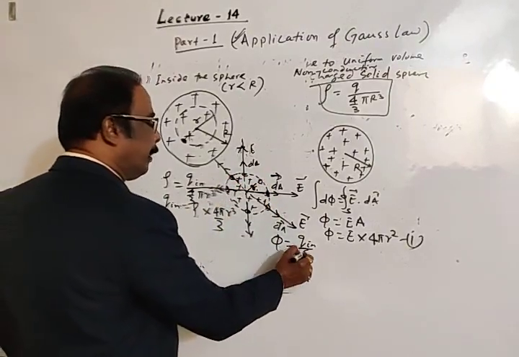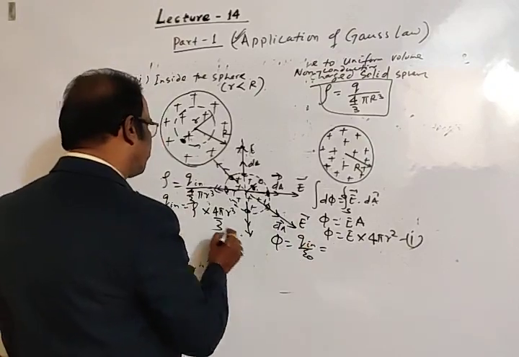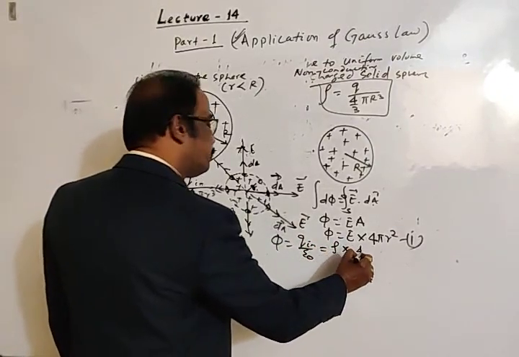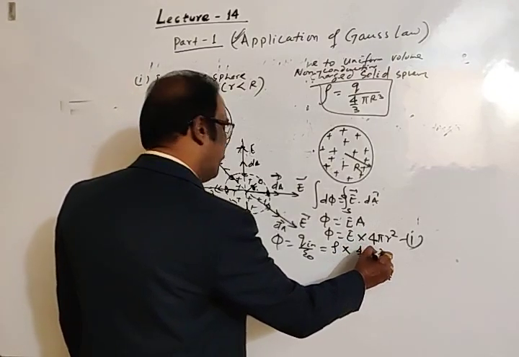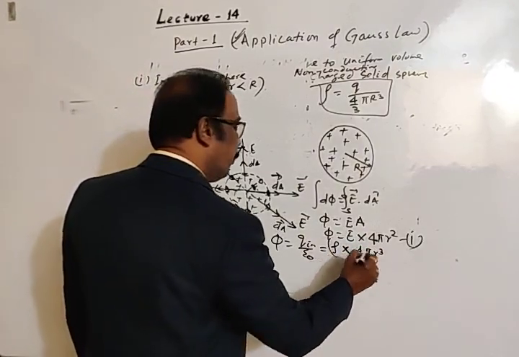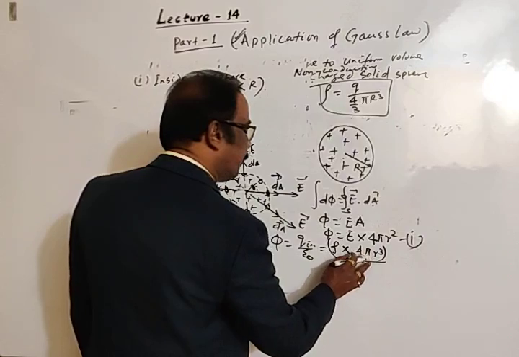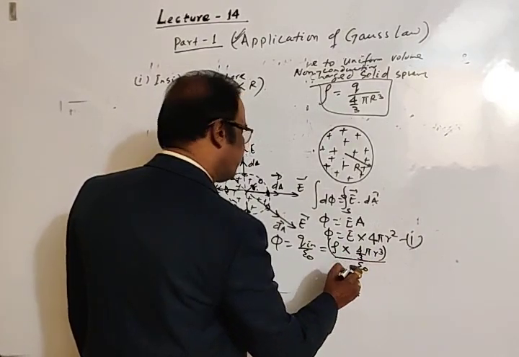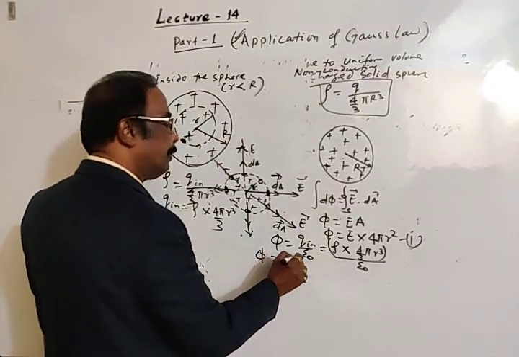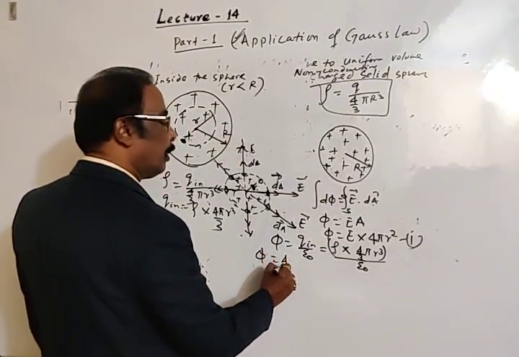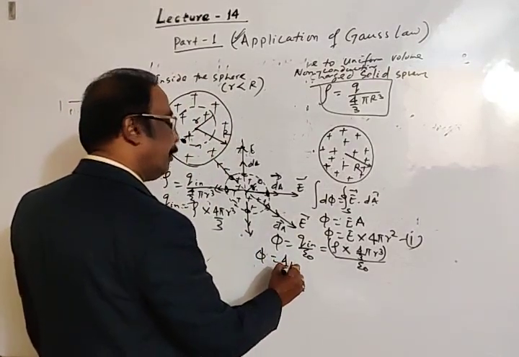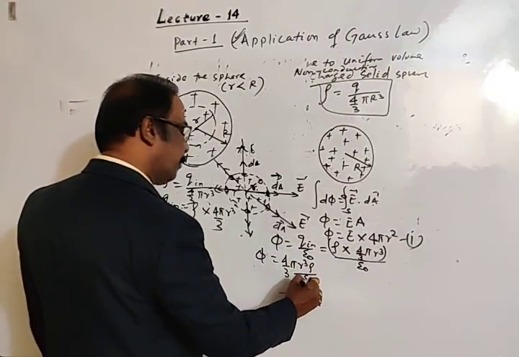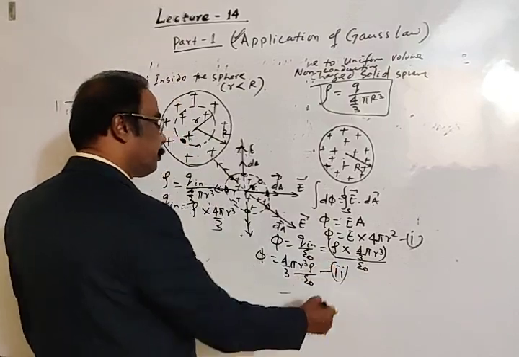divided by epsilon naught. Then flux is Q inside, the uniform volume charge density times 4/3 π r cube, whole divided by epsilon naught, and here the flux will be 4/3 π r cube ρ divided by epsilon naught, equation 2.